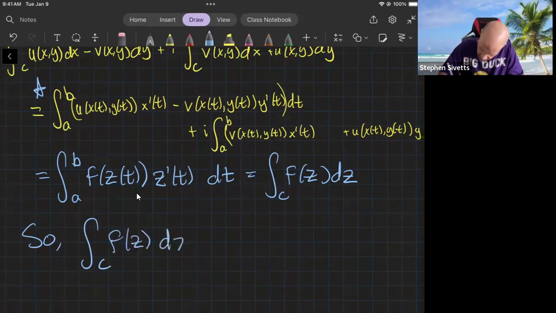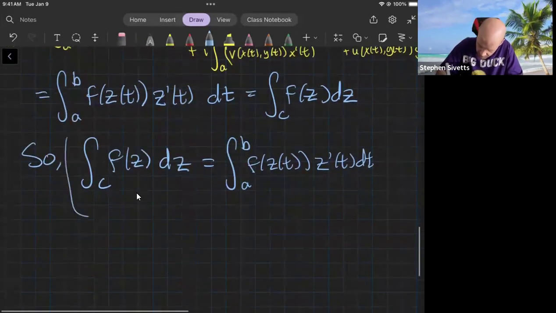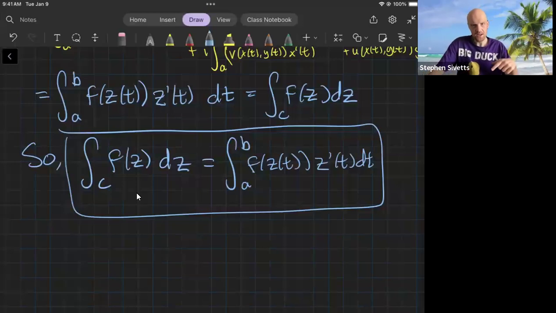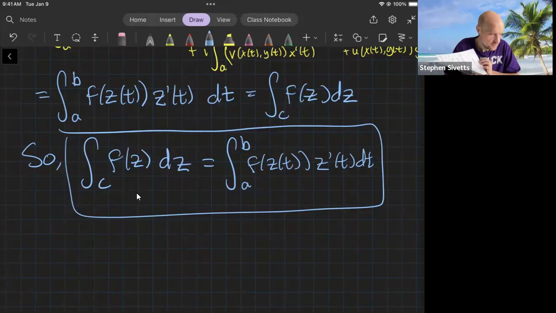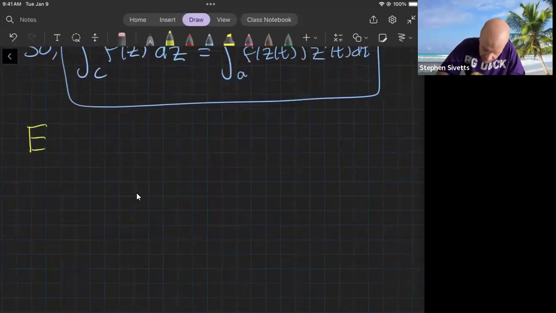So the complex line integral of f of z dz is equal to the integral from a to b of f of z of t times z prime of t dt. So part of the work is we want to parameterize z in terms of t. I'll show you an example on how we would do this.